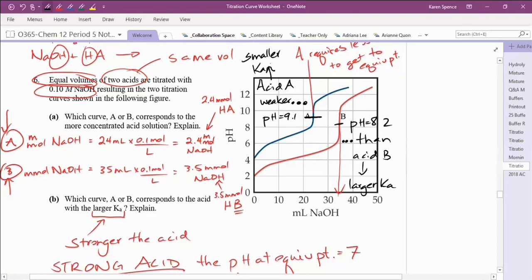Are we good with that? Yes, all right. Are there any other questions from this titration curve worksheet? Well, alrighty then. Does anyone have any questions from the acid base 2 review?